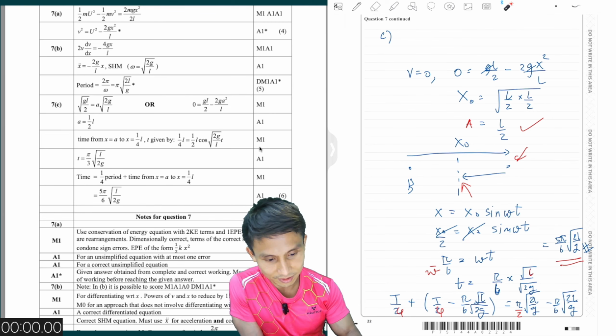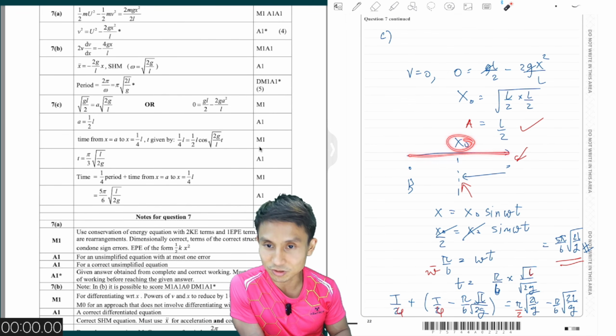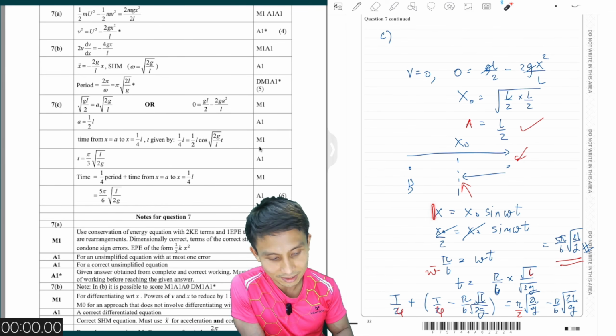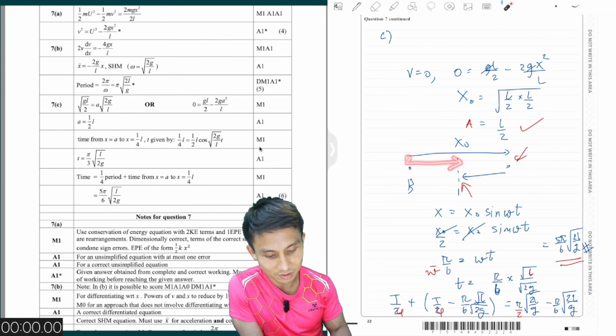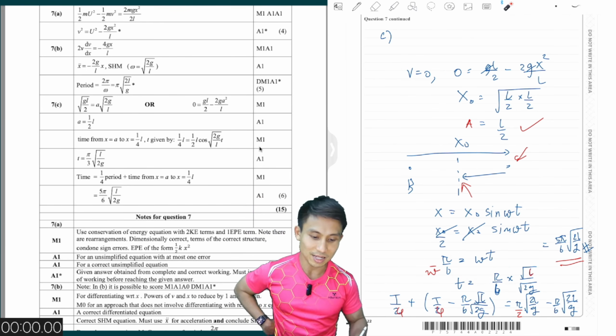Because this is the equilibrium position, right? And that is the amplitude. So I could have set an equation. I did. I set the equation x equals x naught sine omega t, assuming that it starts from here. So if you start from here and go by that distance, you set this as x naught over 2. I solved that and got the little time t to be that.